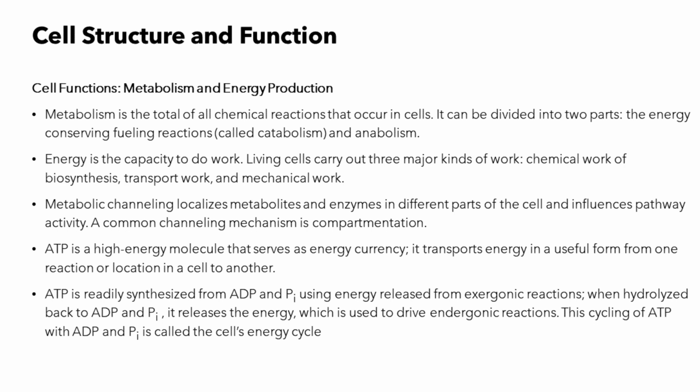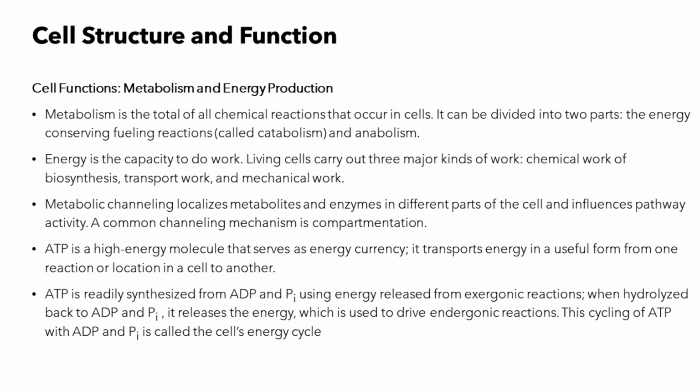Living cells carry out three major kinds of work: chemical work of biosynthesis, transport work, and mechanical work. Metabolic channeling localizes metabolites and enzymes in different parts of the cell and influences pathway activity. A common channeling mechanism is compartmentalization.